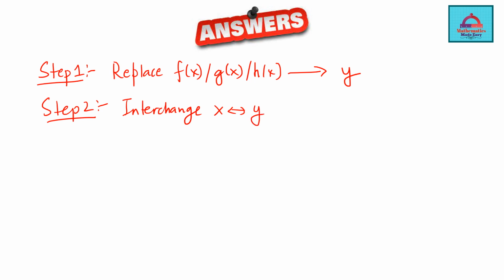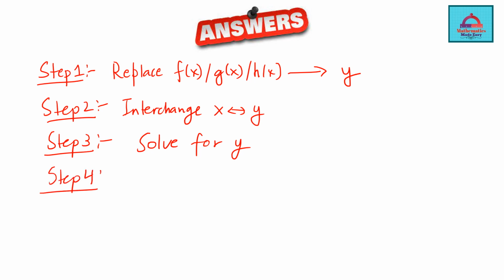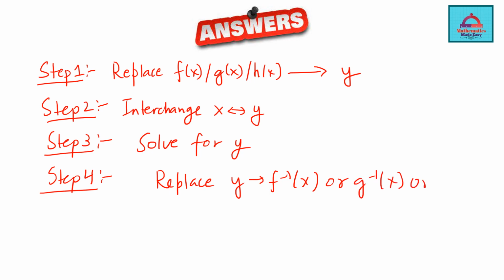That means if it is x written in the function you put y, where there is y written you put x. Step 3, solve for y, and last step, step 4, replace y with f inverse x or g inverse x or h inverse x, whichever is given.